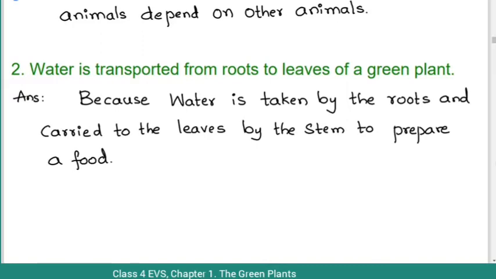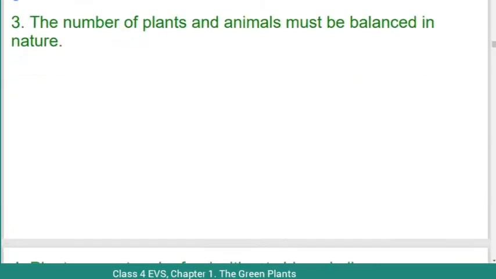Third one, the number of plants and animals must be balanced in nature.